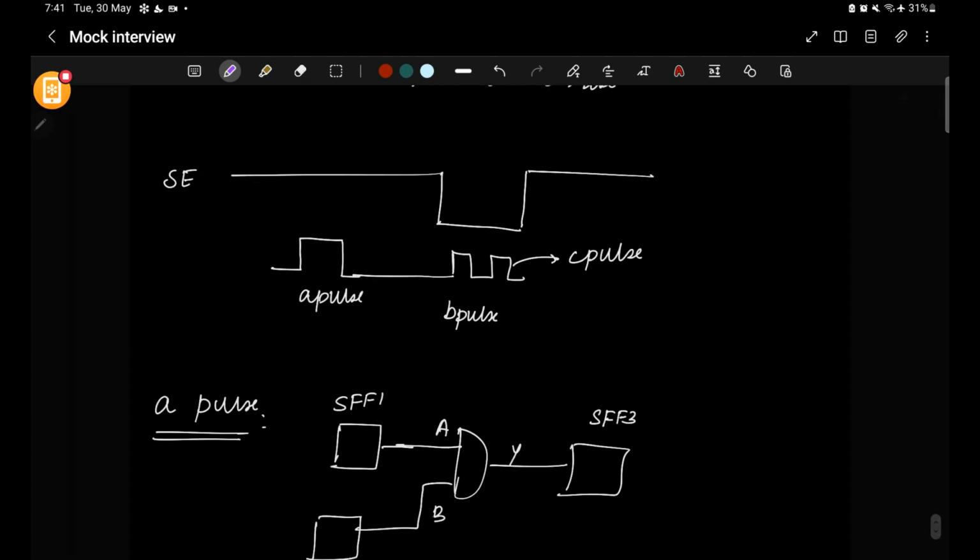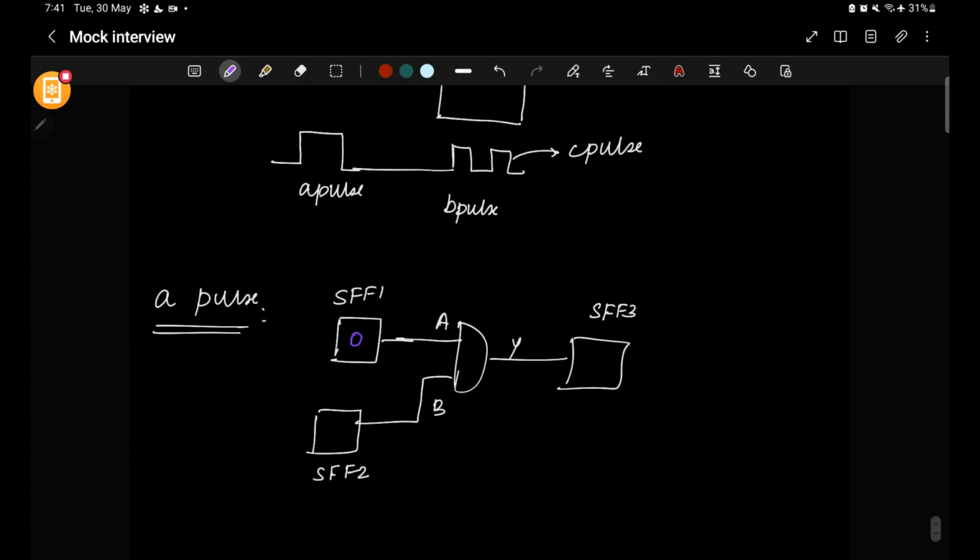First, the tool will try to bring a 0 to 1 transition in net A. So the last shifted value here will be 0. Here the tool will write 1 in order to propagate this fault to the output. So here it will be 0.